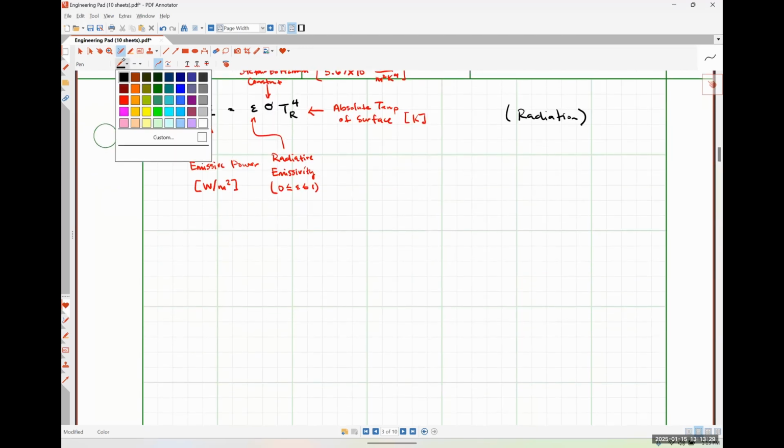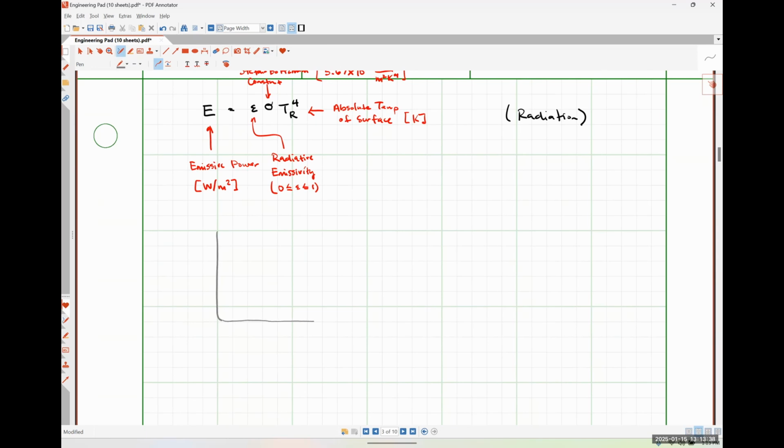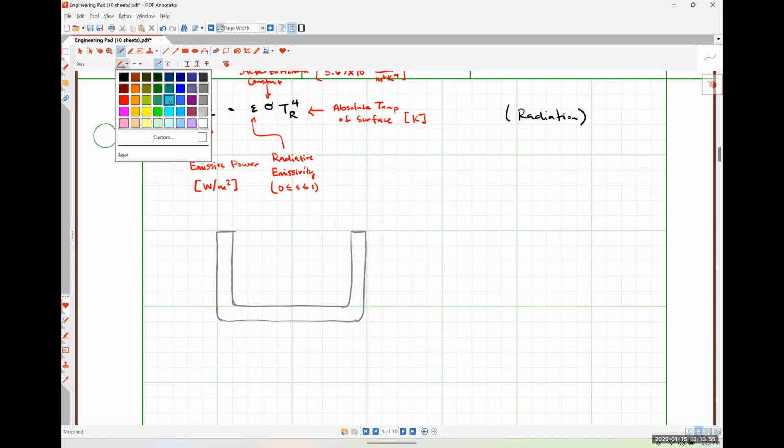So I'm going to attempt to draw a pot of boiling water. So here is my cross-sectional view of my pot. And then I've got water inside said pot.